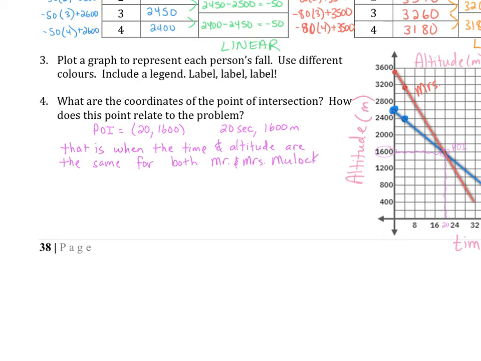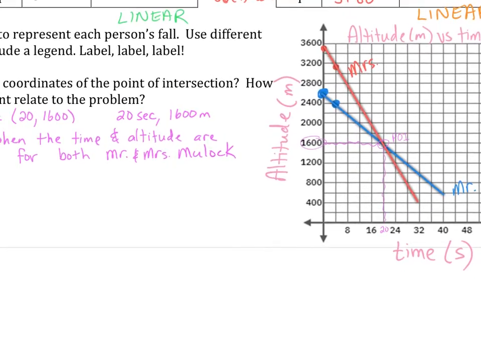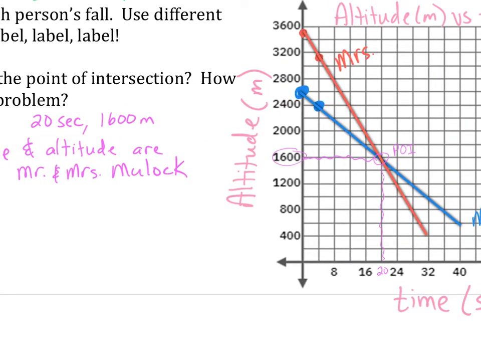So what that basically means is that it took 20 seconds for Mrs. Mulock to catch up to Mr. Mulock. So really, that's where they get married. So 20 seconds into their flight or their dive, that's when they catch up and they're able to get married.